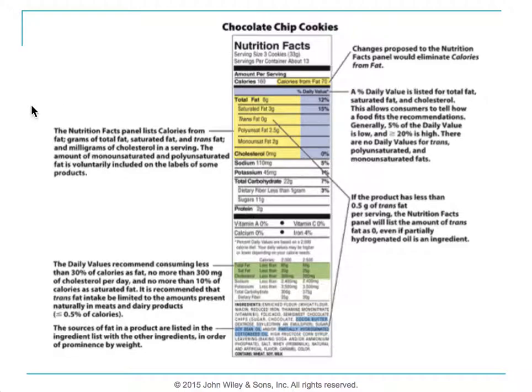So that's kind of a sneaky way that manufacturers can get around actually listing trans fat in the nutrition facts label. But they do have to include it down here in the ingredients. So it's always important to look at the ingredients label to make sure you're getting the full story.